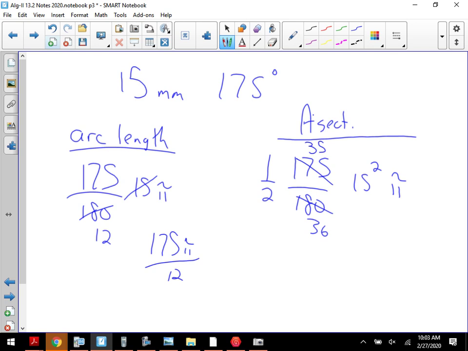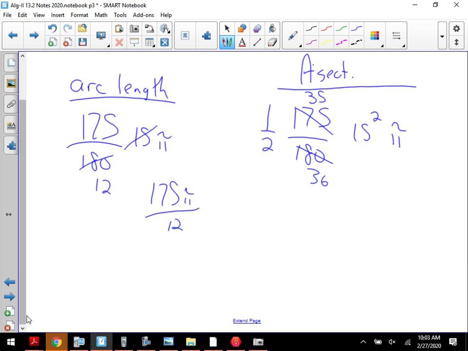I know that 15 squared is 225. Are you okay with that? Yeah. Okay. So let me rewrite. I have 1/2, 35, 36, 225, and a pi. So what's 3 plus 6? 9. 2 plus 2 plus 5, 9.